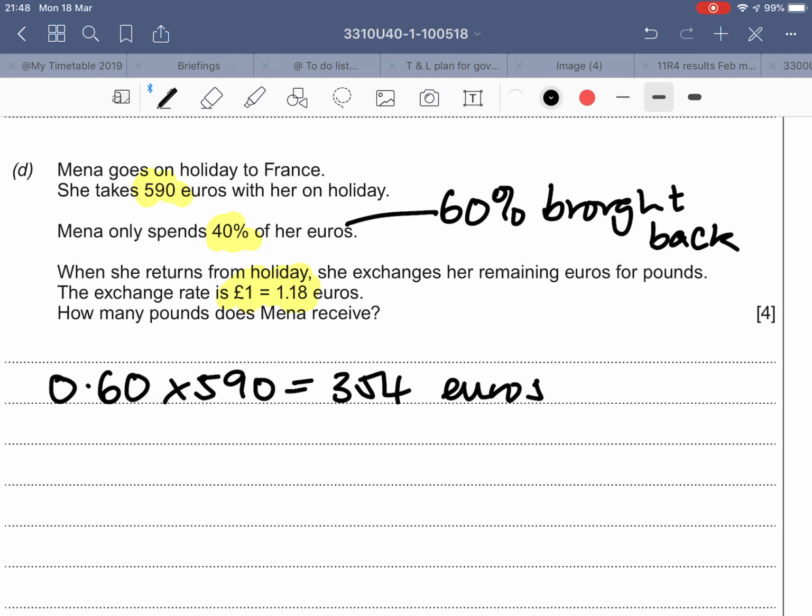Every pound is worth €1.18. So we need to now take that €354 and see how many 1.18s would fit in there, or how many we can take out, because that's going to tell us how many pounds we're going to get. And we're going to get £300.